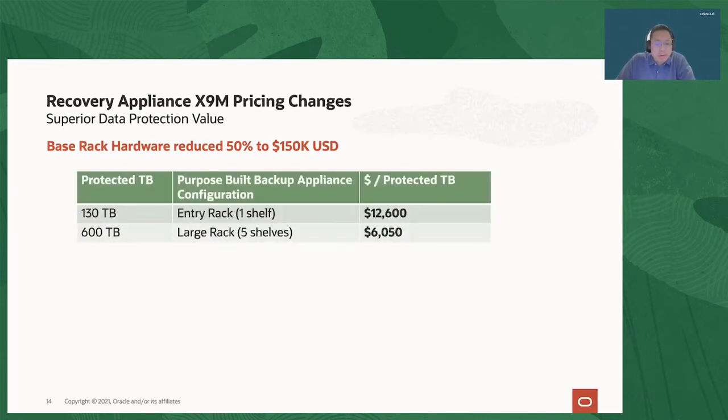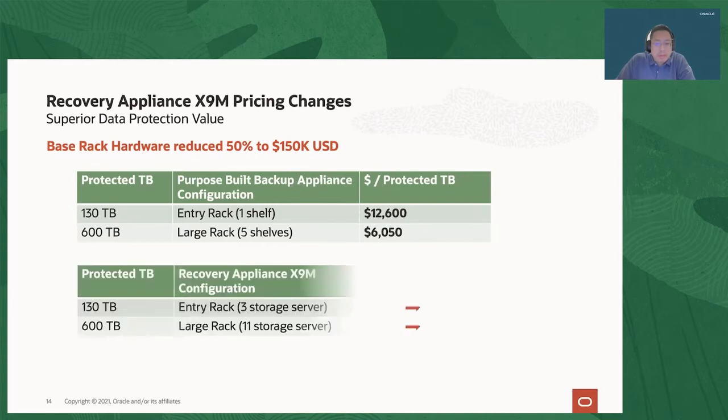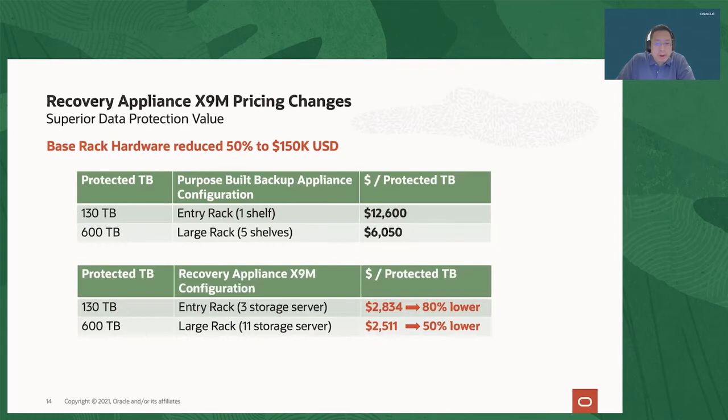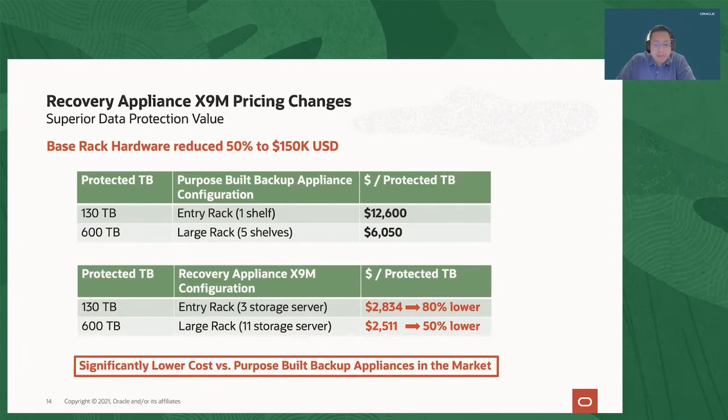And if we do a very quick comparison of this system now with a purpose-built backup appliance in the market, you can see that as we just do a typical cost comparison, with recovery appliance, you can get something like 50 to 80% lower dollars per protected terabyte here.